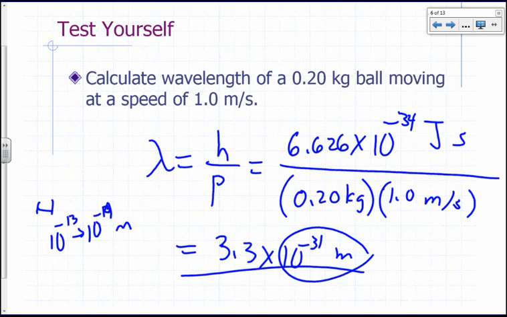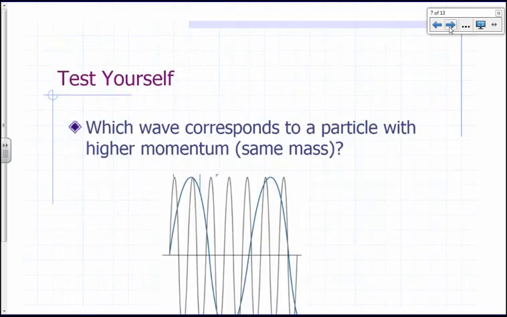So that's a very, very small wavelength compared to even the nucleus of an atom. So you don't expect that to show quantum effects. You say that's a case where quantum effects are irrelevant.